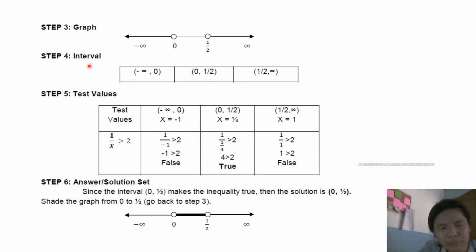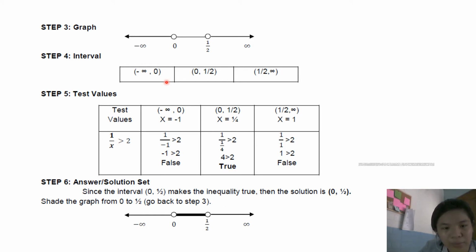How about sa interval? So, we have the left, the middle, and the right. From negative infinity to positive infinity tayo. So, open parenthesis, negative infinity, since lagi naman open and close parenthesis yung positive and negative infinity. So, open parenthesis, negative infinity, comma, ano yung next na number? 0. Sulat natin yung 0. Then, since it is open interval, it is close parenthesis.